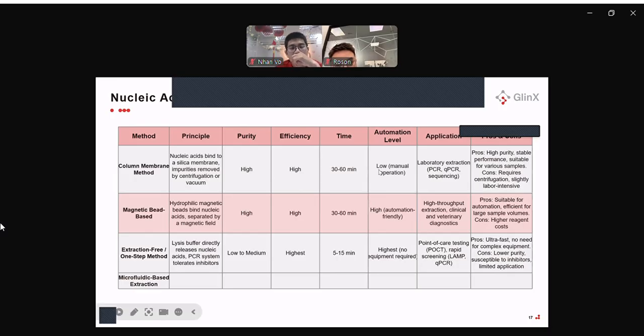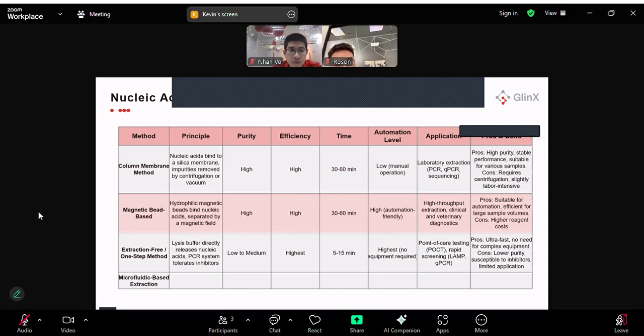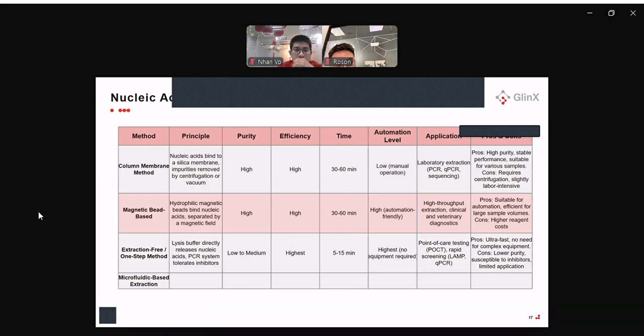That is why we say this method is widely used within laboratories, but not within the clinic, because it cannot be automated.